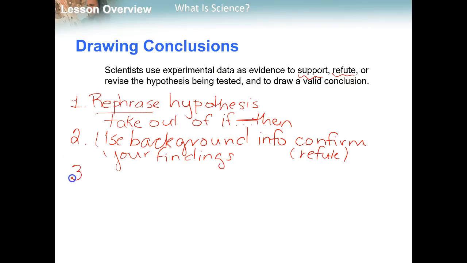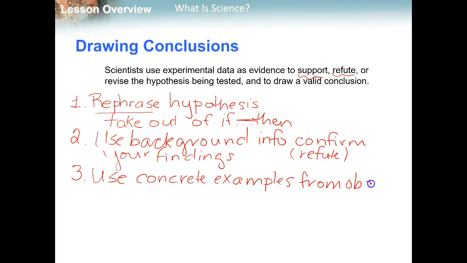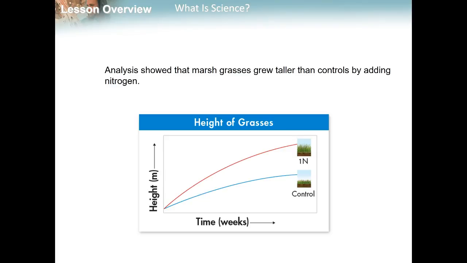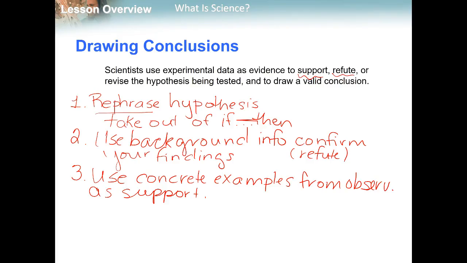The third thing that you're going to need to do is use concrete examples from your observations as support in this statement. So we're going to use these concrete examples from our observations.